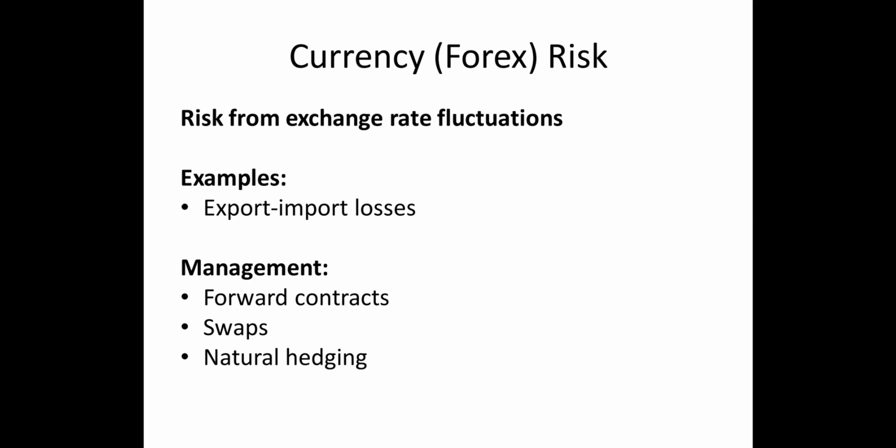They are in the figure of 9 figures, 10 figures, not in the figure of 7 to 8. Always above 9 to 10 digit figures, means in the crores. Okay, how to manage this risk? So there is a forward contract.